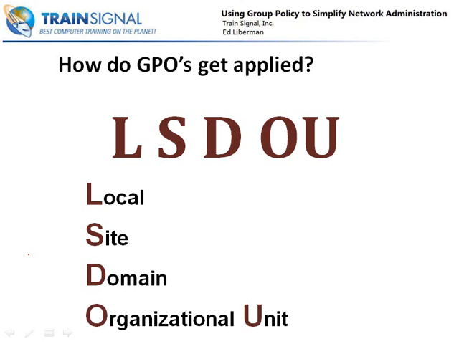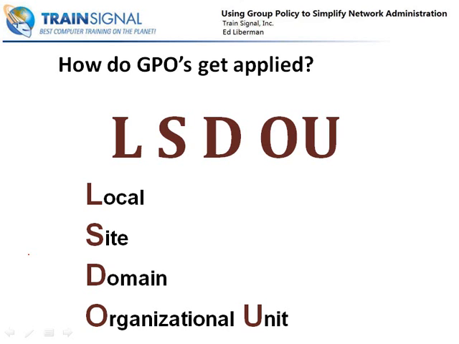Now, why is this so important to understand LSDOU exactly the way I've said it? Well, because this is the order in which GPOs are applied. When a computer turns on or when a user logs in, first the local settings are looked at and applied.